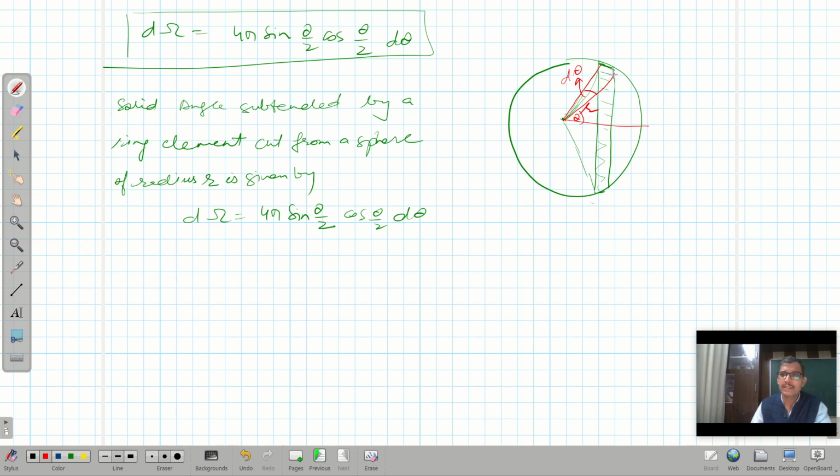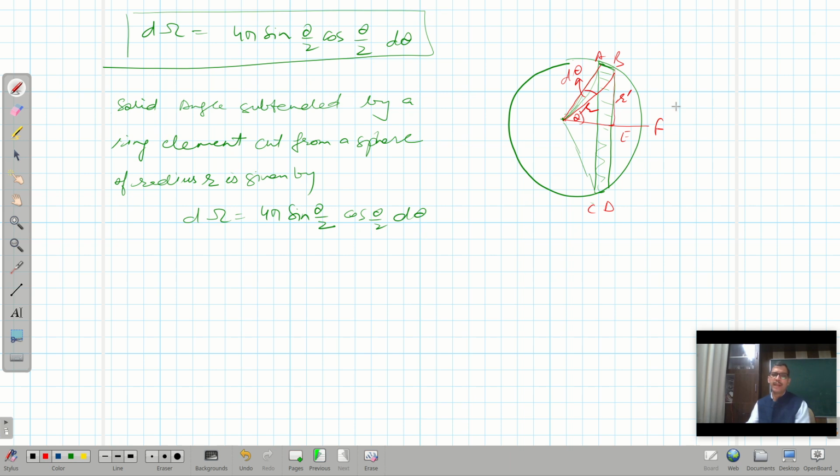And say this distance from its center line is r, and let us mark the points a, b, c, d, e, and say it is p, or let us call it f point. It is like this.